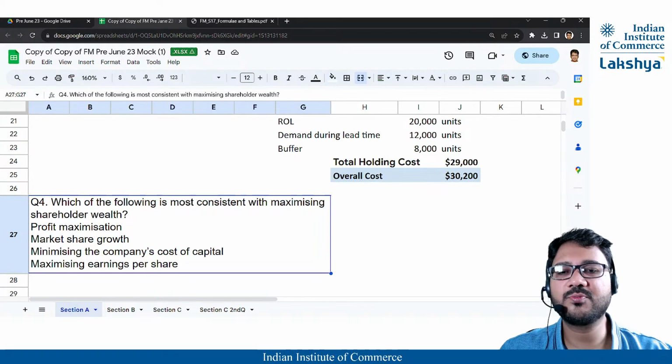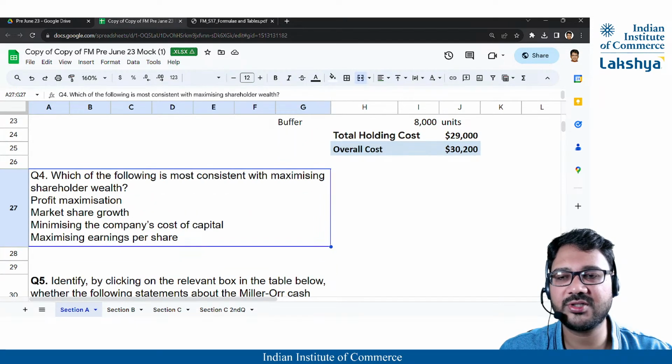Which of the following is most consistent with maximizing shareholders' wealth? Profit maximization, well, that we have studied, it is not equal to shareholders' wealth maximization. Market share growth isn't equal to wealth maximization. Minimizing the cost of capital. Now, cost of capital is your WACC.